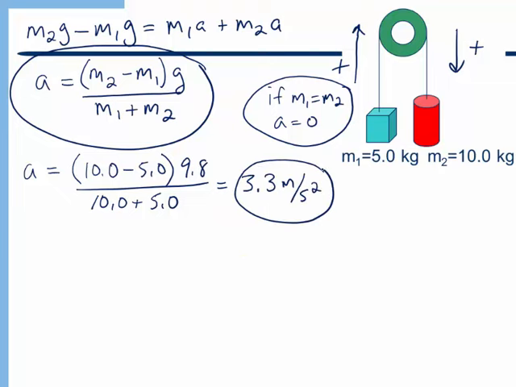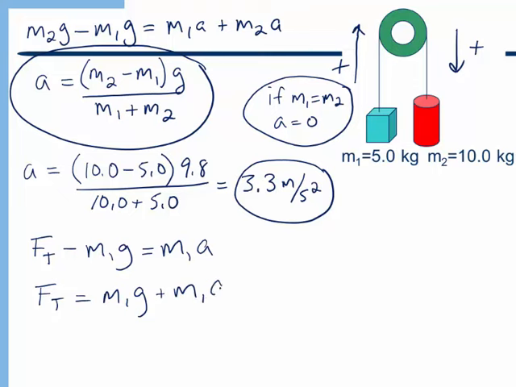Now, the second thing we were asked to do is find the tension. In order to do this, we simply want to go back to either one of our equations and solve for Ft. I'm going to pick this one: Ft minus m1g is equal to m1a, or Ft is equal to m1g plus m1a.